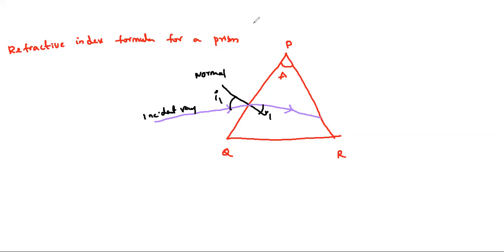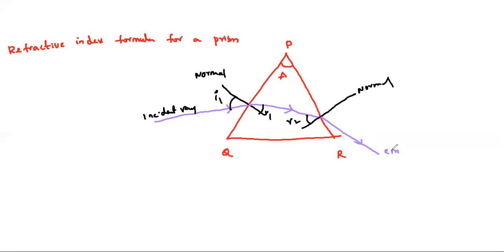at the normal. Now at the interface PR, I am drawing the normal where the refracted ray is struck. That is normal, and the angle of incidence I consider as R2. Now I am drawing the emergent ray also.